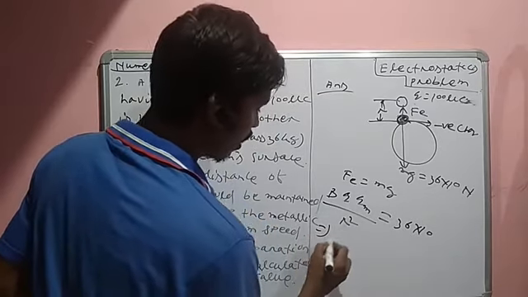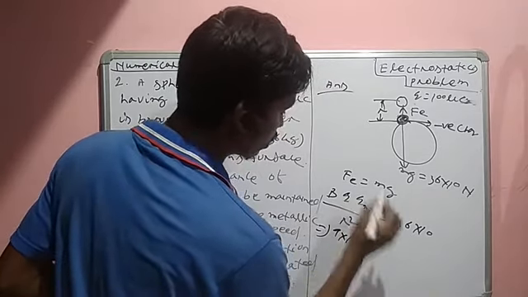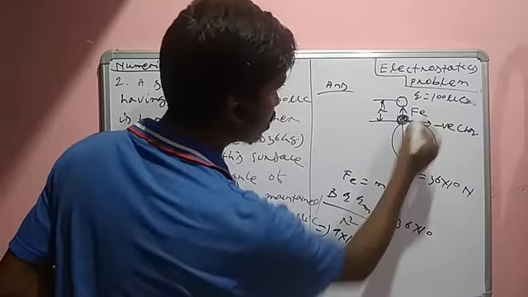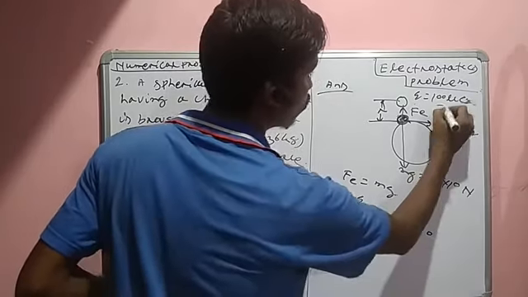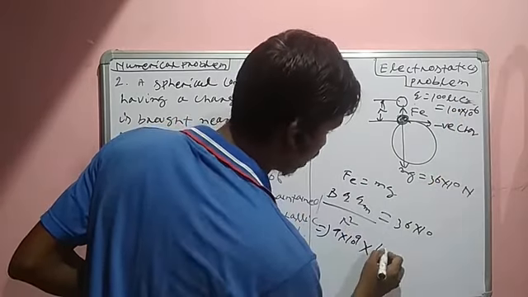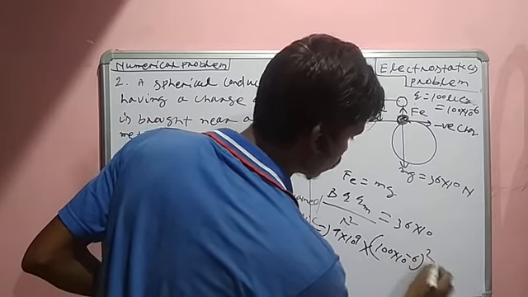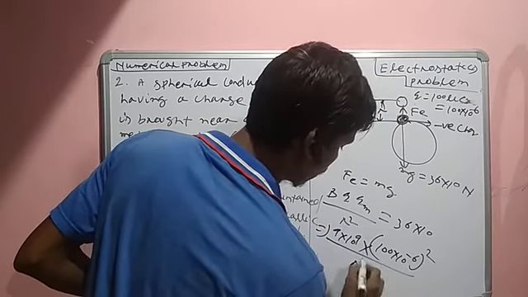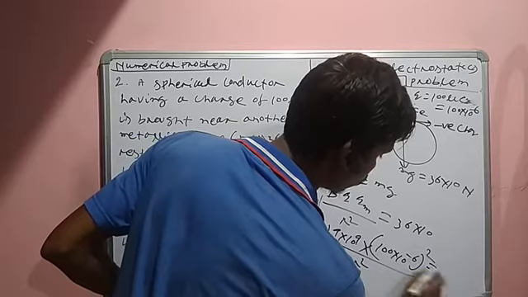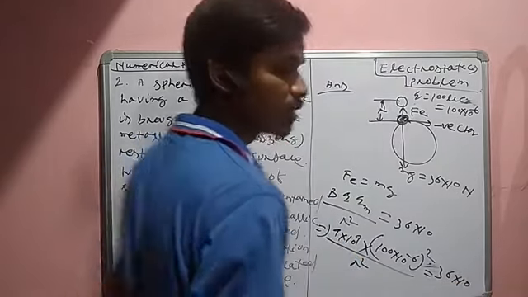So here k is 9 into 10 to the power 9, into Q square, same charge Q. We can write 100 microcoulomb as 100 into 10 to the power minus 6. So 100 into 10 to the power minus 6, whole square, divided by r square, is equal to 36 into 10.